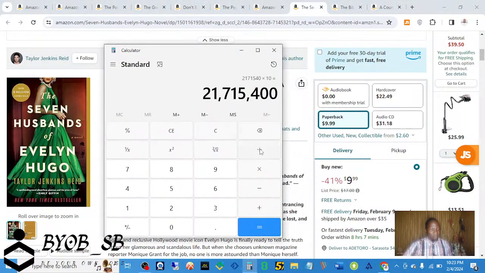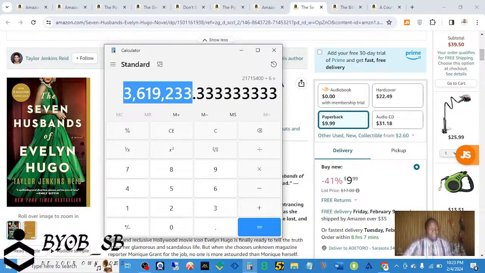That is about 6 years now. Let's say this divided by 6 years. It means it's making an average of 3.6 million on a yearly basis.